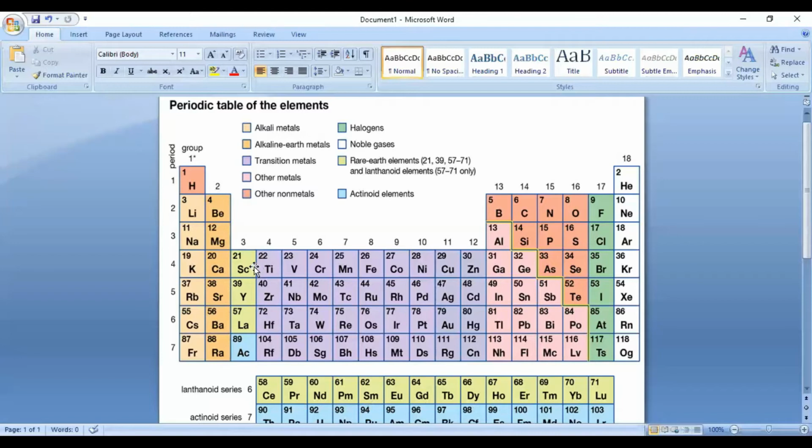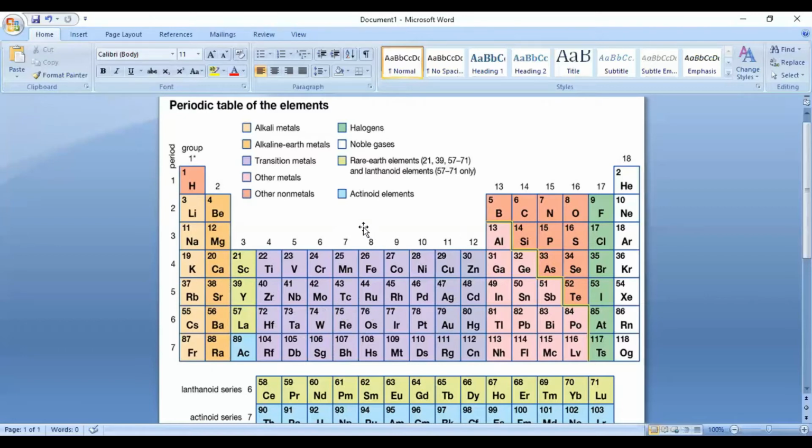Now coming to the fourth group, that is the transition metals. From the fourth group to the 12th group, these are all called the transition metals. These are different metals like titanium, zirconium, hafnium, rutherfordium, vanadium, niobium, tantalum, dubnium, chromium, molybdenum, tungsten, seaborgium, and so on.